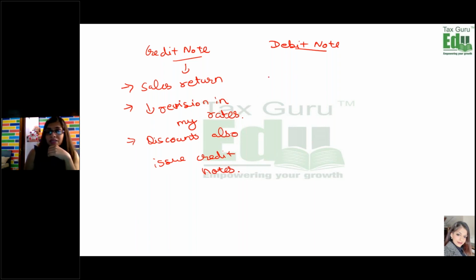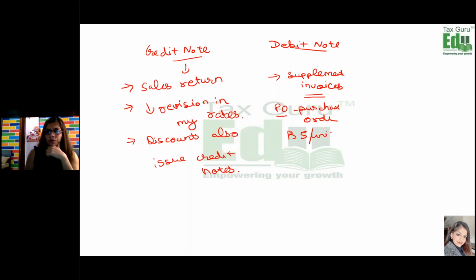Debit note. In sales, the debit notes are issued as supplementary invoices. Majorly, the reason for issuing a debit note in sales is supplementary invoices. Let's suppose I have a deal with my customer and POs, that is purchase orders, were raised at the rate of 5 rupees per unit.